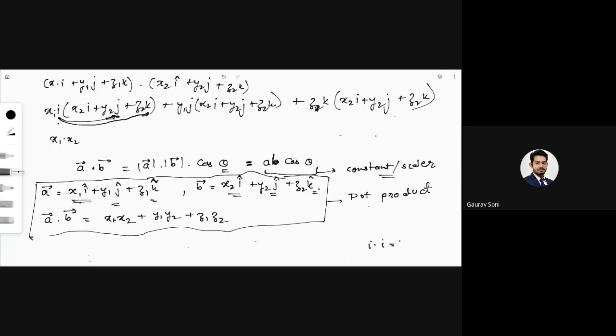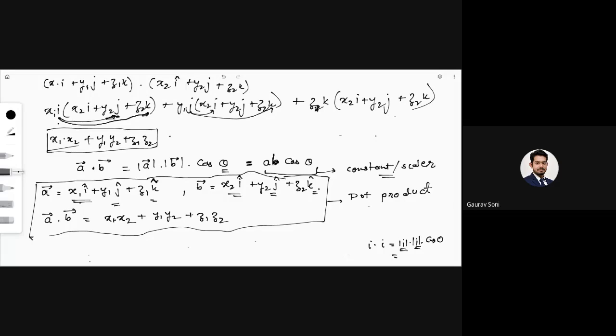Just now we have seen that mod of i into i into cos of 0. So mod of i is 1, cos of 0 is 1, so this will be 1, plus. Now this j will be multiplied to i in the first one and to k in the third one, so both are 0. When it is multiplied to itself, we'll have y1 y2 plus z1 z2. Clear?